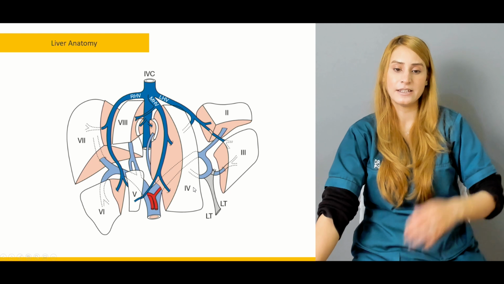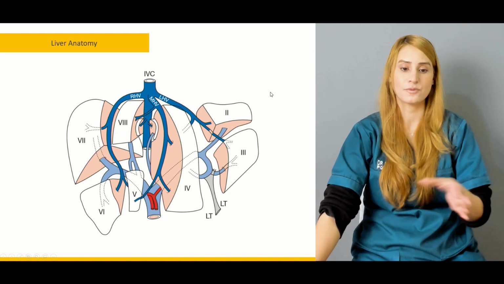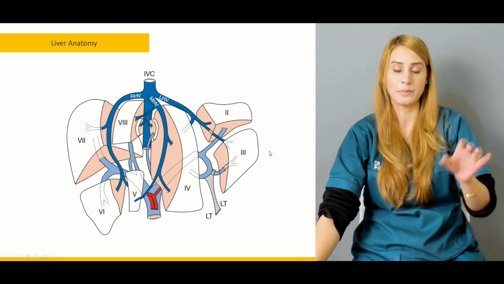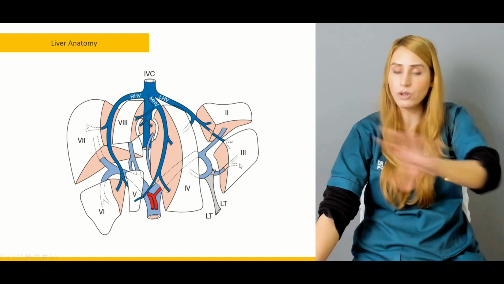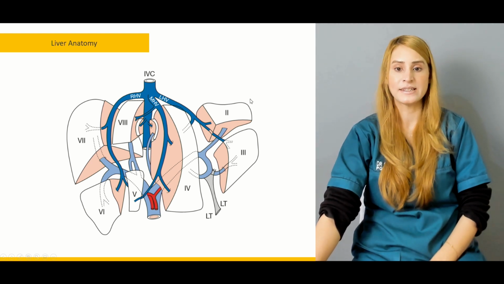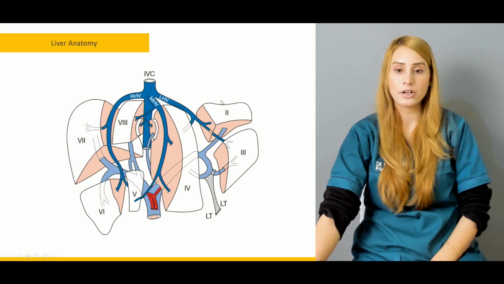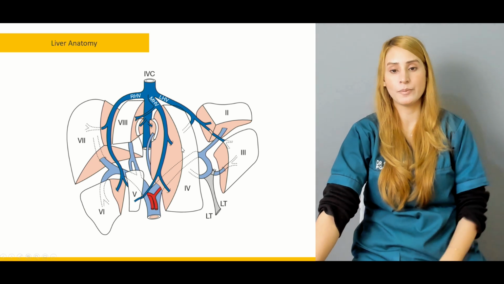So zone 1 is the posterior surface of the liver, so that's why you cannot appreciate it in this diagram, because it's the anterior view of the liver. The whole posterior surface is zone 1. Then this is the left lobe, and the upper part of the left lobe is zone 2.